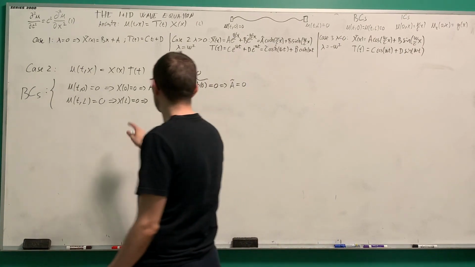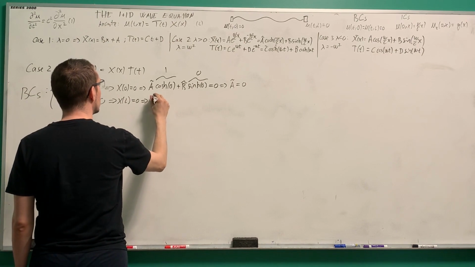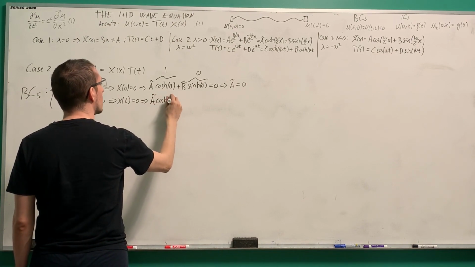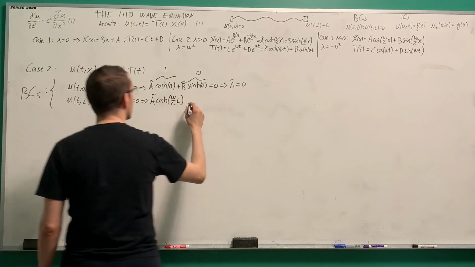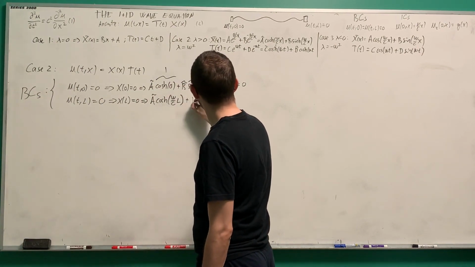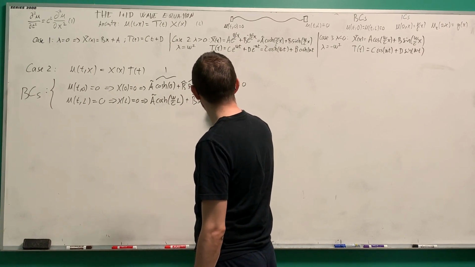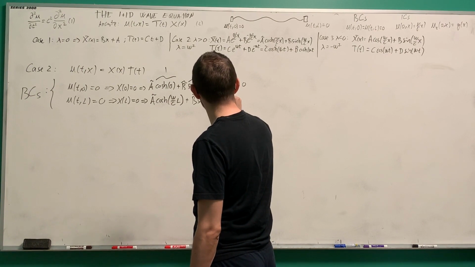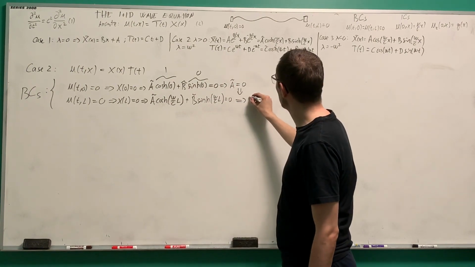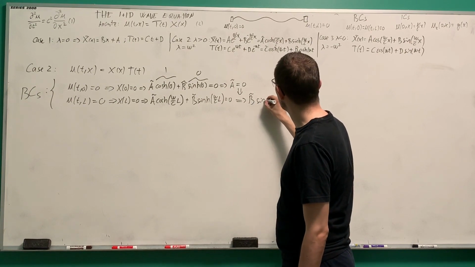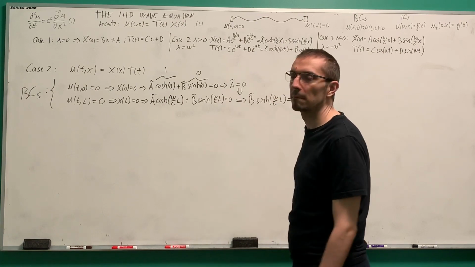Alright, what does the other condition tell me? It tells me that A tilde times the cosh of omega over C times L plus B tilde times the sinh of omega over C times L equals 0. But I can use that A is 0, so what this means is that B times the sinh of omega over C L is equal to 0.